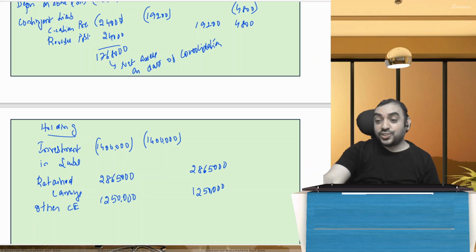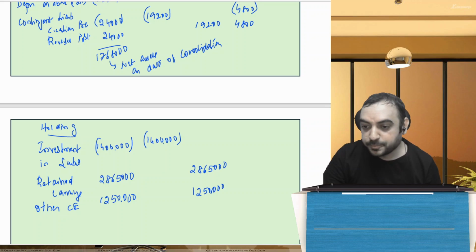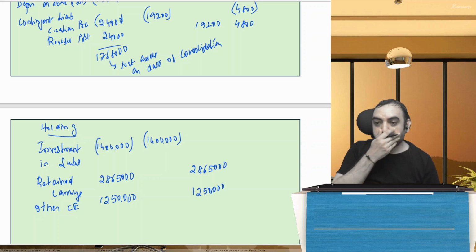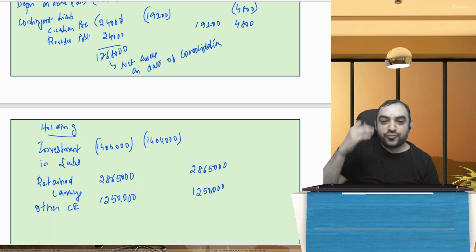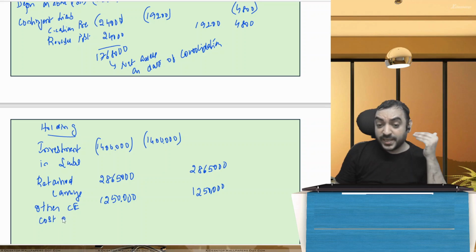Okay, then we have to do some adjustments. What are those adjustments? We'll have to provide for the cost of acquisition, right? Cost of acquisition, they have taken to investment, holding company.